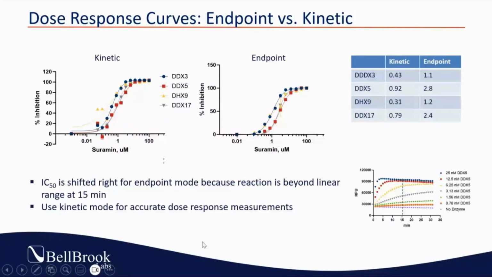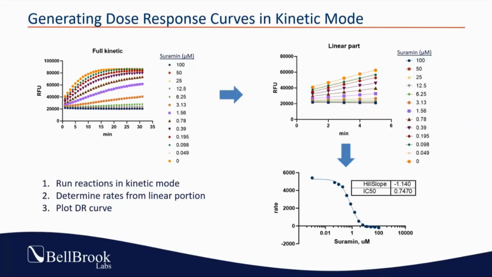That's why we always tell everybody to run your assays at initial velocity, while the assay is still in linear mode. So we recommend using the kinetic mode for accurate dose response measurements. And this slide illustrates the way that that's done. So you run the assays in kinetic mode, just read the plates periodically, do your normal inhibitor titration like you would, and then select the part of the curve that's linear throughout the entire inhibitor concentration range.